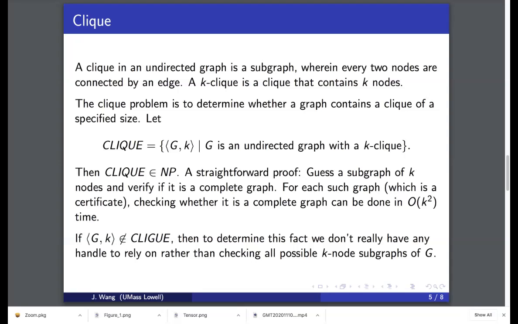If that is true, then G has a k-clique. So the verification is straightforward.